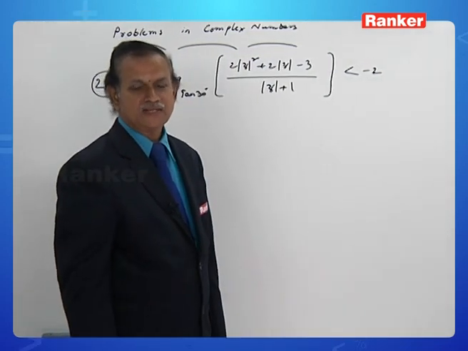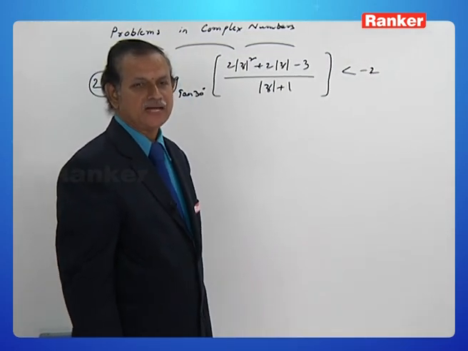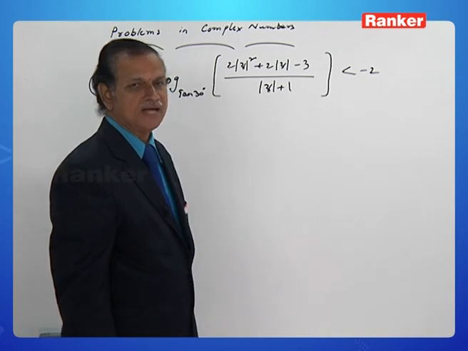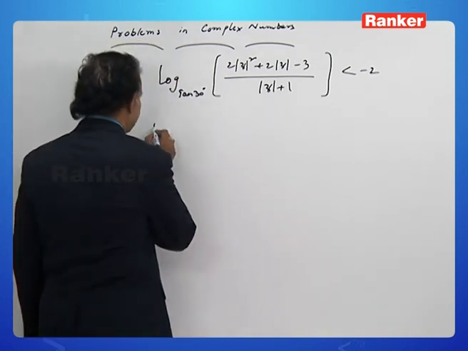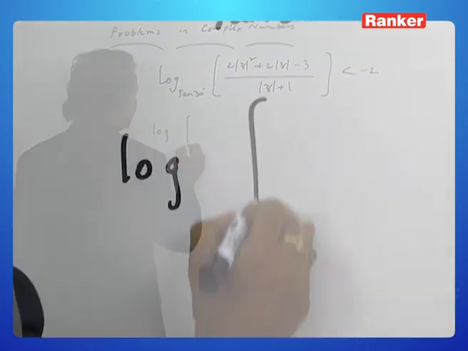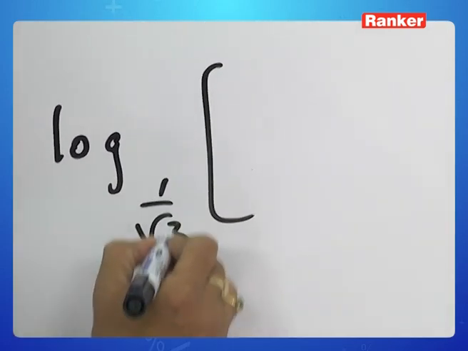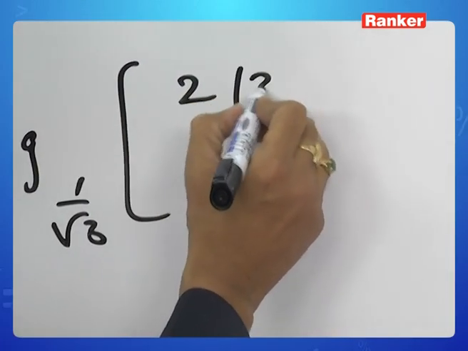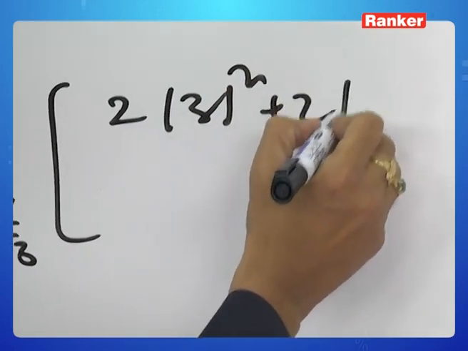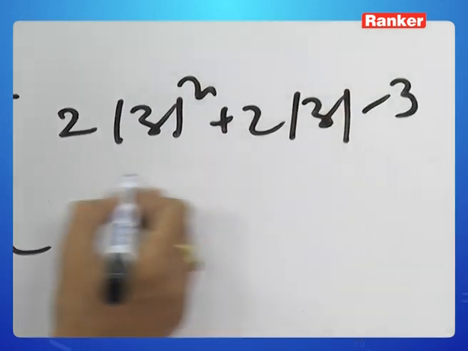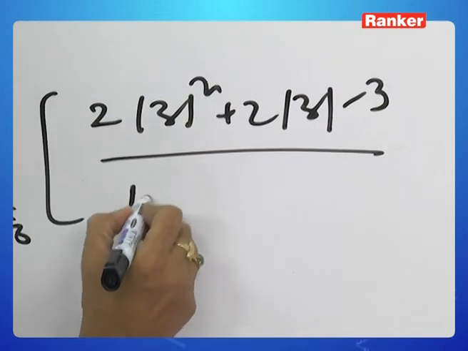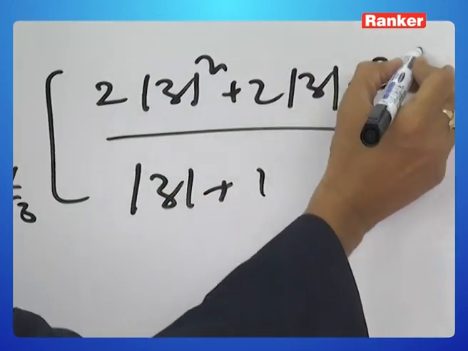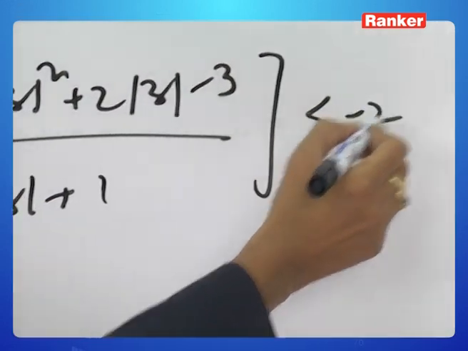First of all, what is tan 30 degrees? Tan 30 degrees is 1 by root 3, isn't it? Therefore, log to the base 1 by root 3 of (2 mod z square plus 2 mod z minus 3) by (mod z plus 1) is less than minus 2.